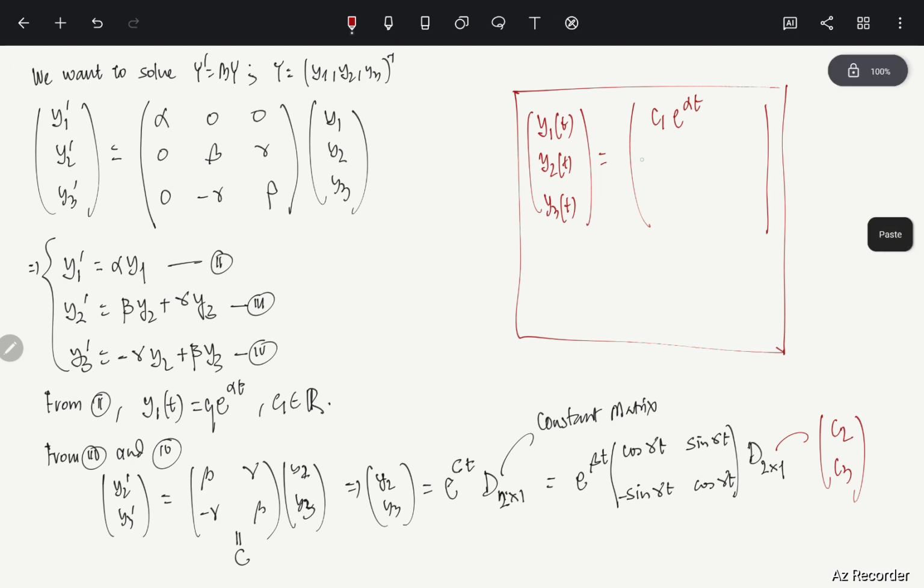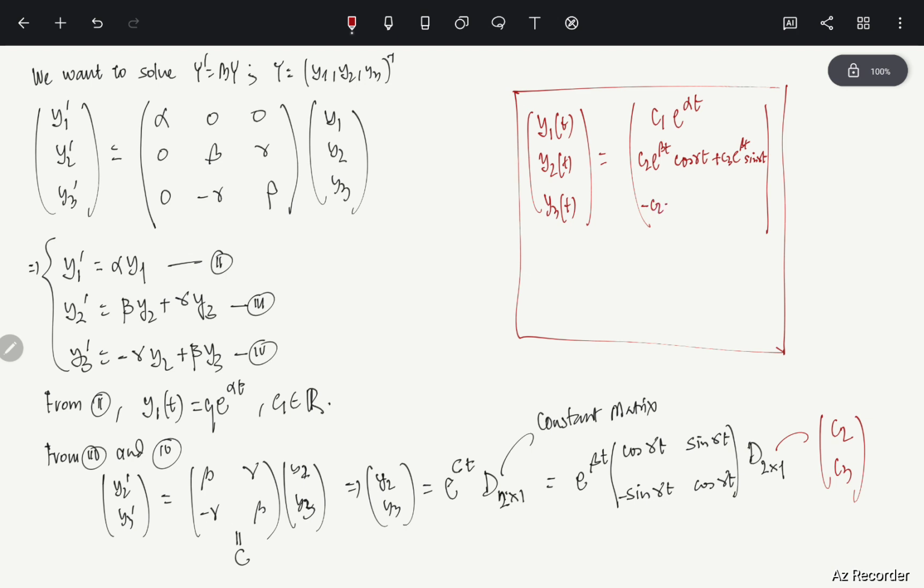e to the power beta t is always there. So c2 times e to the power beta t cosine gamma t plus c3 e to the power beta t sine gamma t. And what is the third expression?